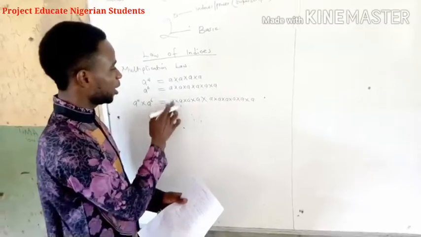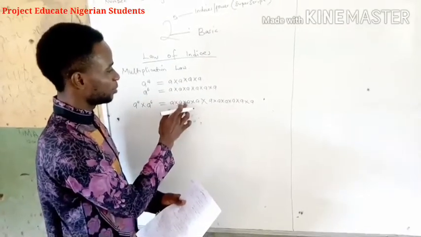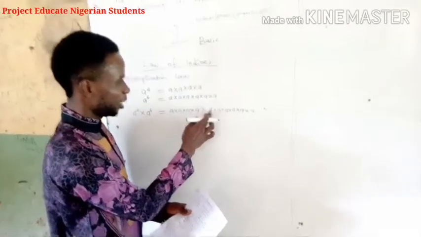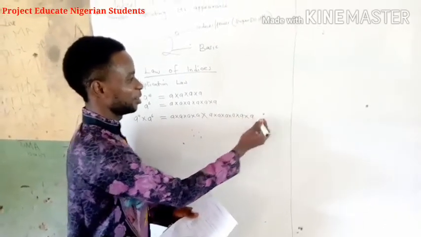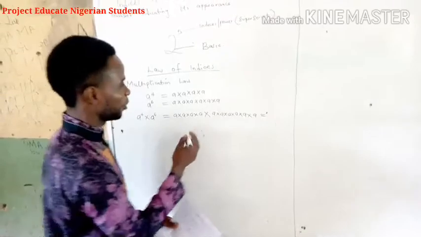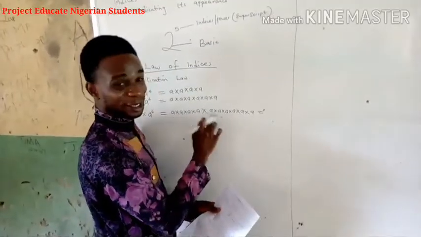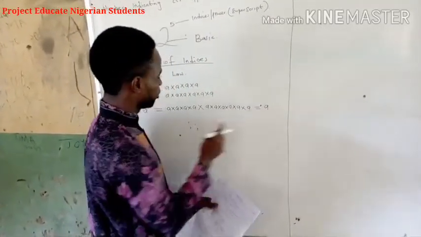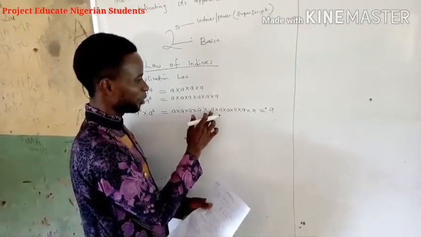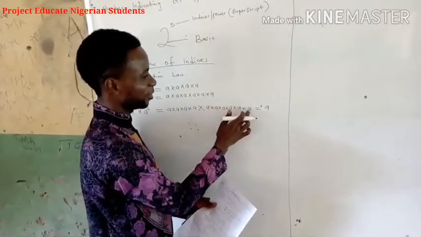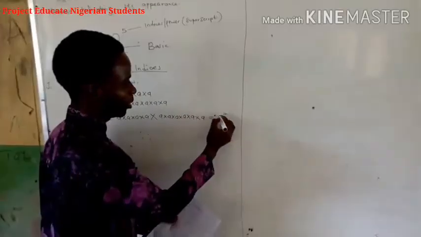This is the same as a times a times a times a times a times a times a times a times a times a. What is being repeated here is just a. So how many times does this particular alphabet repeat? 1, 2, 3, 4, 5, 6, 7, 8, 9, 10. So it's a raised to the power 10.